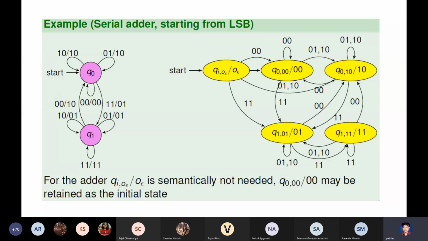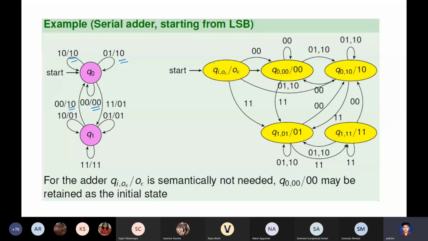You can have 1, 0, you can have 1, 0 again, you can have 0, 0, and you can have 1, 0. So there are two possibilities: 1, 0 and 0, 0. I'll explain the equivalent Moore machine a little bit later.